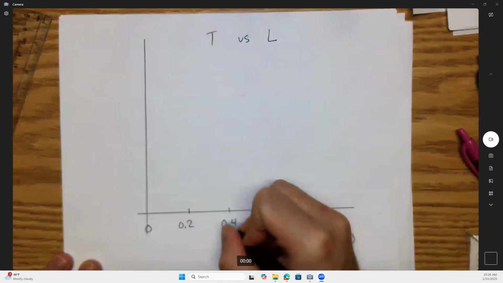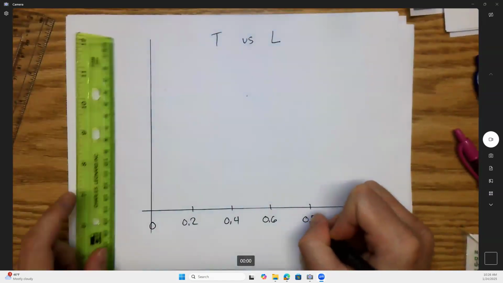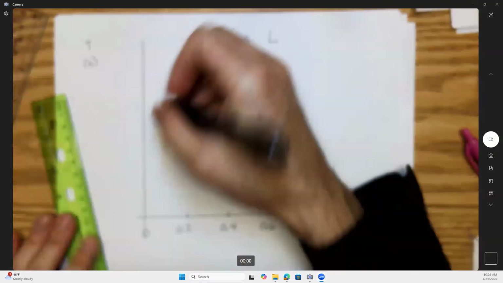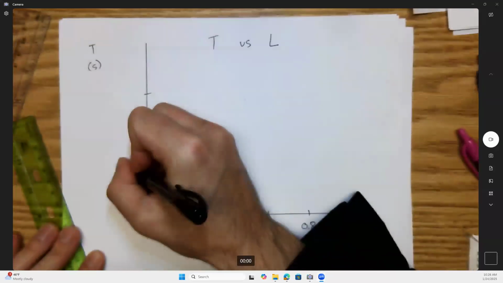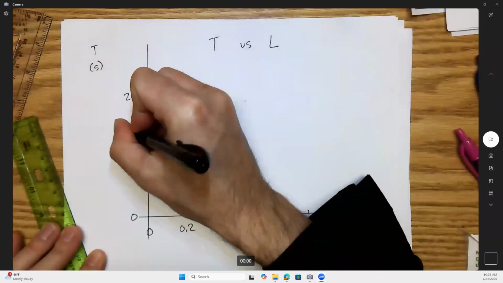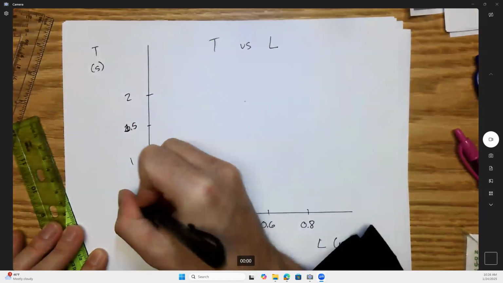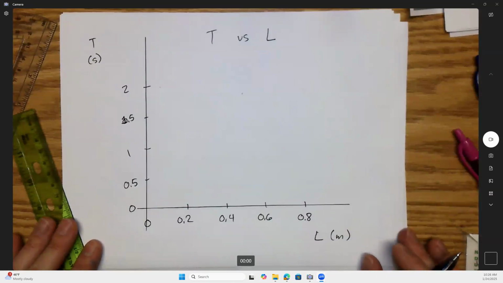And what was your longest time period? My longest time period was 1.8. All right, scale this 0, 1, 2. Let's get some coordinates. What's one coordinate?